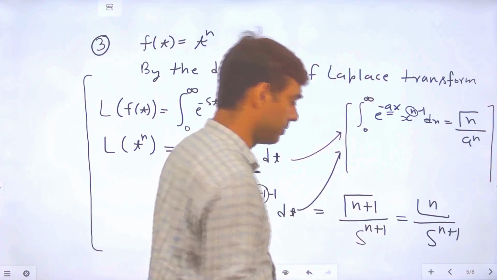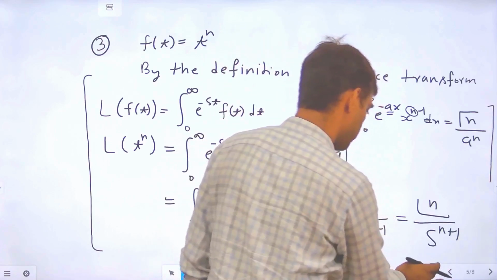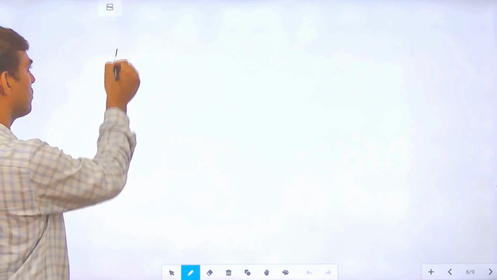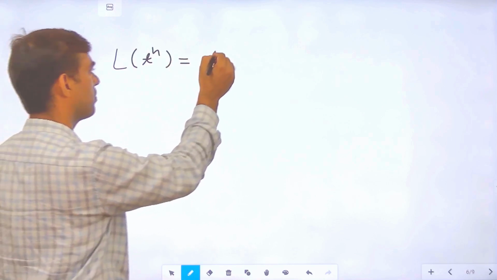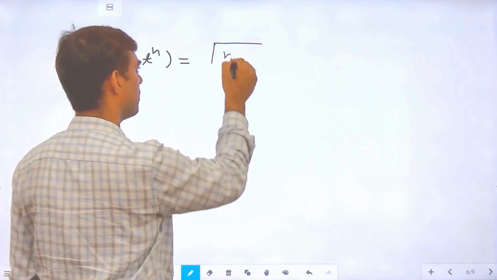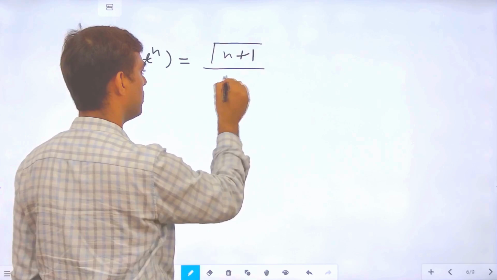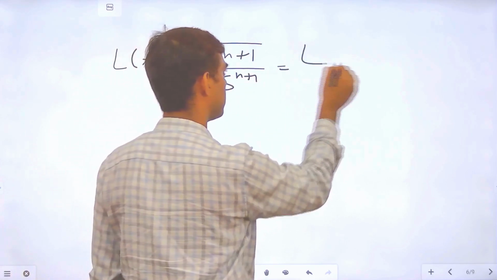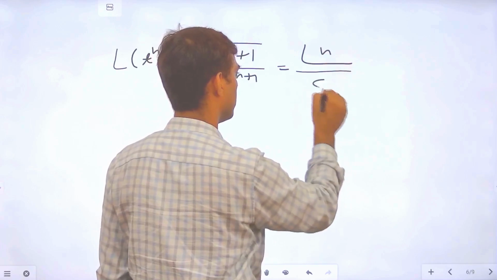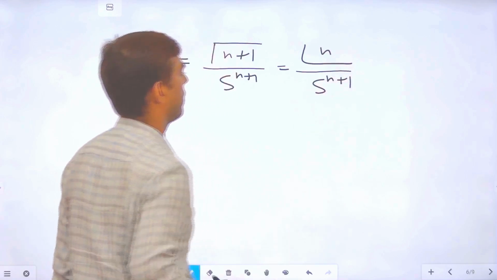So finally, the Laplace transform of t to the power n becomes gamma n plus 1 upon s to the power n plus 1, or we may write it as factorial n upon s to the power n plus 1.